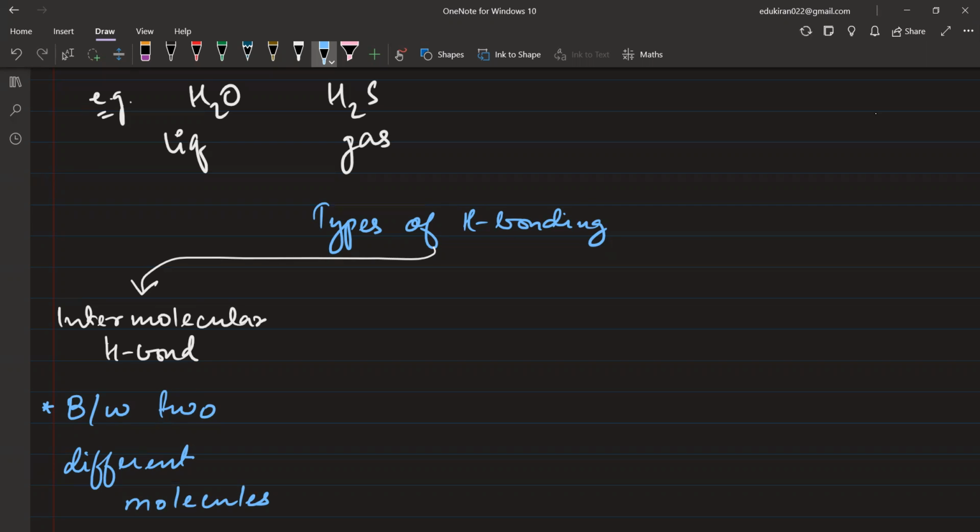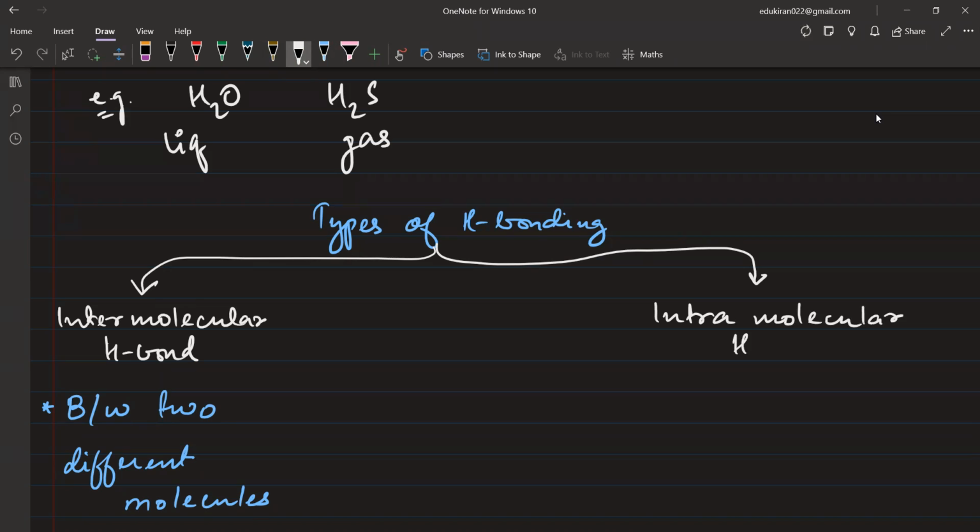Okay, now there is another which is intramolecular hydrogen bond. This is within a single molecule.